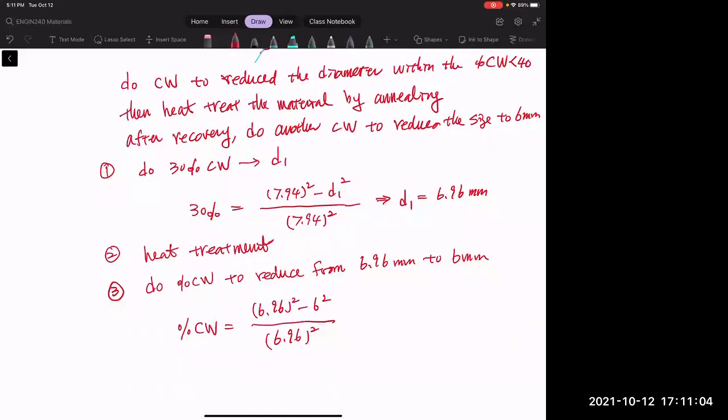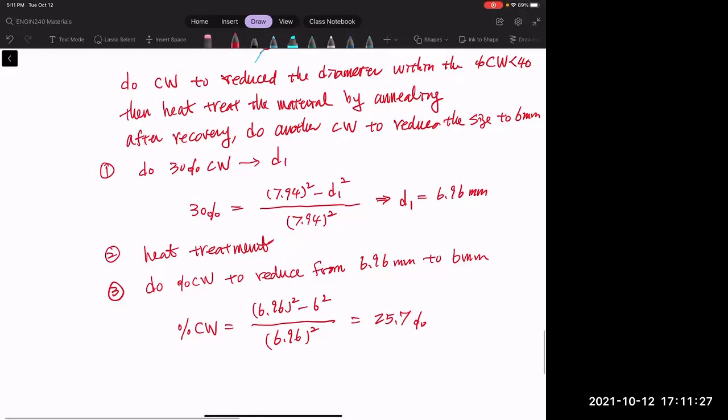Let me find the result of this. I didn't calculate this one. Okay, it turns out this percentage is 25.7%. And that's less than 40. That means this is okay. So you can do it in this way, then you can create the material that you want.